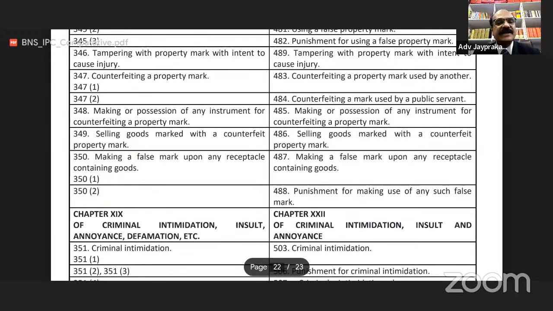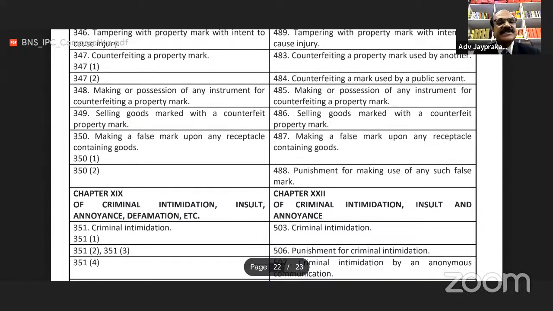BNS section 347(2), counterfeiting a mark used by a public servant; corresponding section 484. BNS section 348, making or possession of any instrument for counterfeiting property marks; corresponding IPC 485.